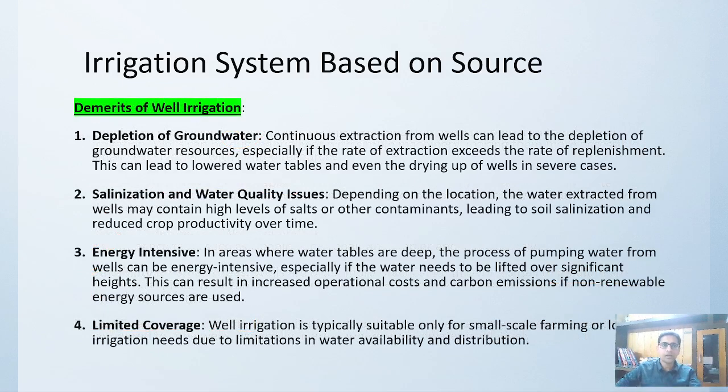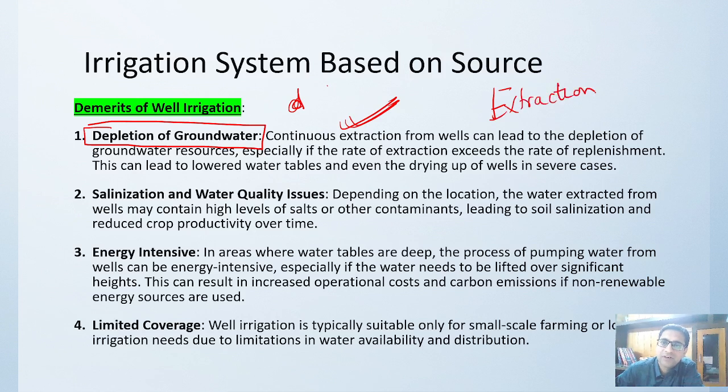But if there are some advantages, then we also have some demerits of well irrigation. Too much digging, and wherever people are digging wells, it leads to groundwater depletion. Continuous extraction without recharging.